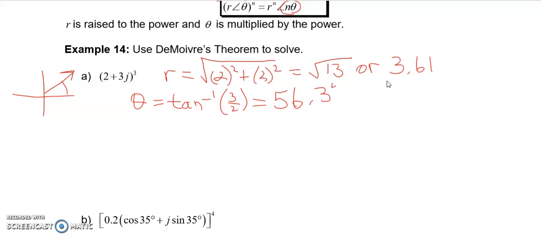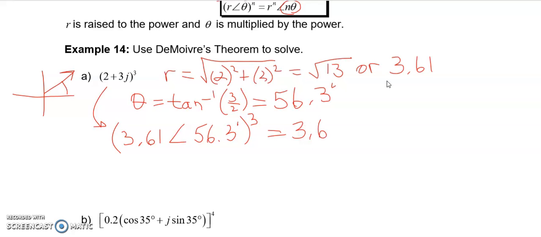So in other words, this number, 2 plus 3j to the power of 3, is the same thing as 3.61, angle 56.3 degrees, raised to the power of 3. Now we can apply de Moivre's theorem. So this becomes 3.61 to the power of 3, and the angle becomes 3 times 56.3 degrees.